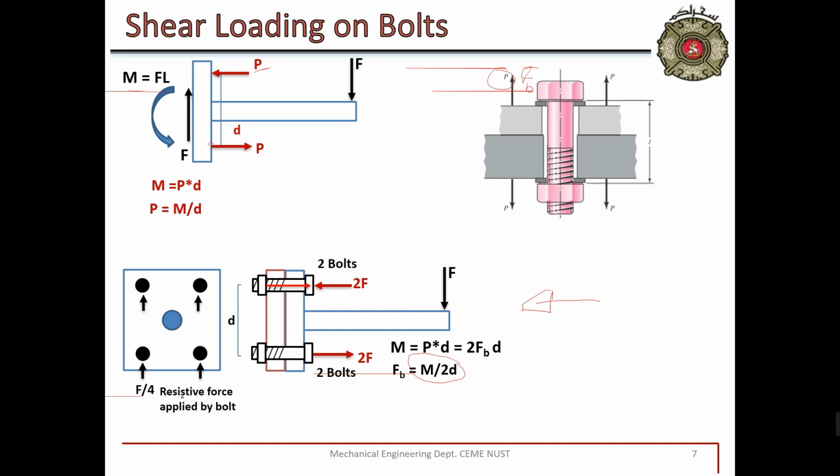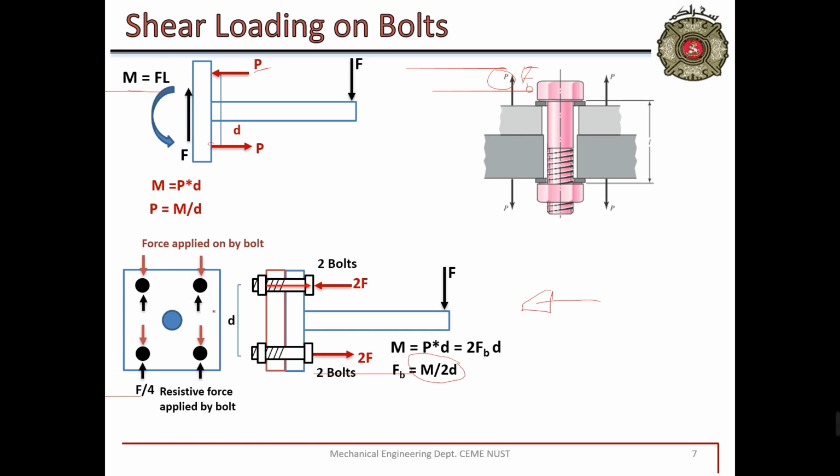So these will be the resistive forces applied by the bolt on the cantilever beam. But as every action has an equal and opposite reaction, these are the reactions. The action is this load. These F by 4 forces, the red forces, are the forces applied on the bolt. This external force has four components, one component applied on each of the bolts: F by 4, F by 4, F by 4, and F by 4.